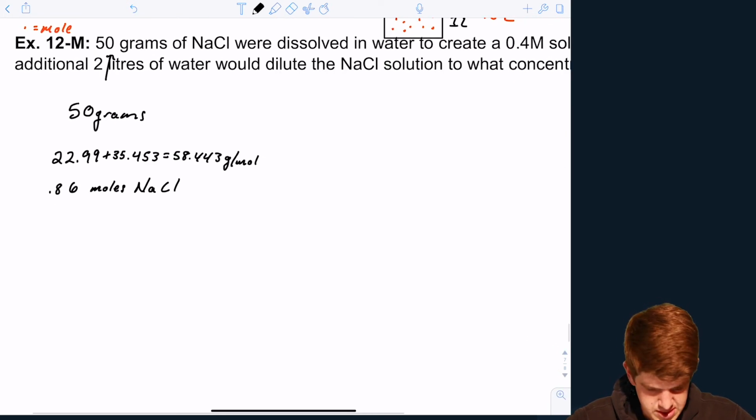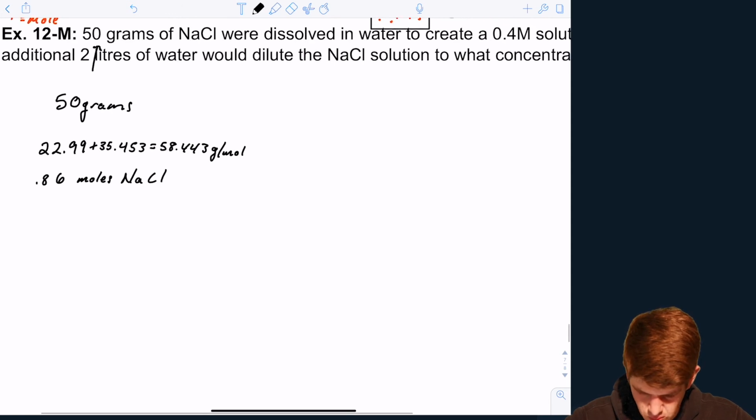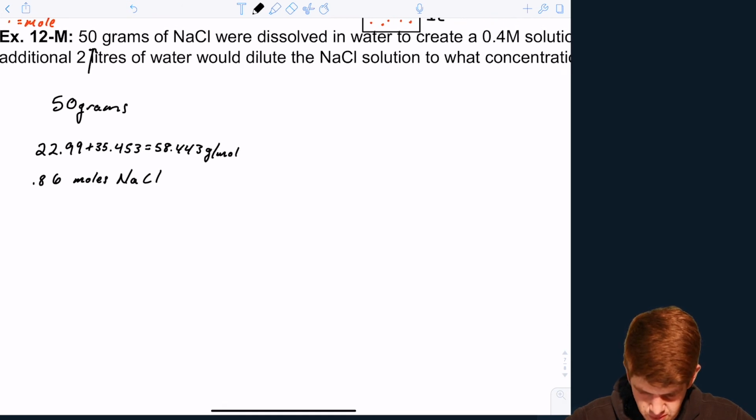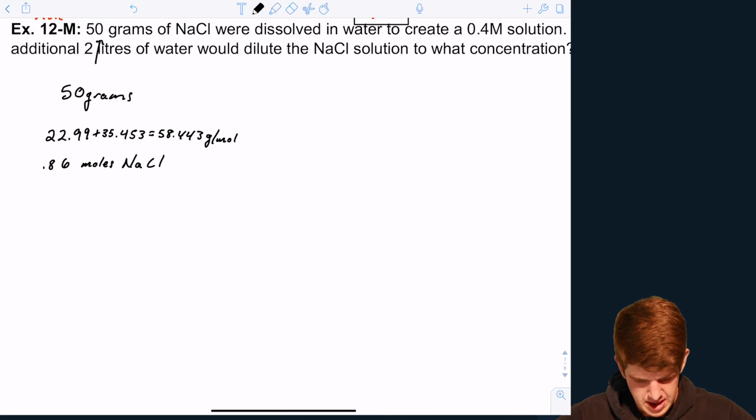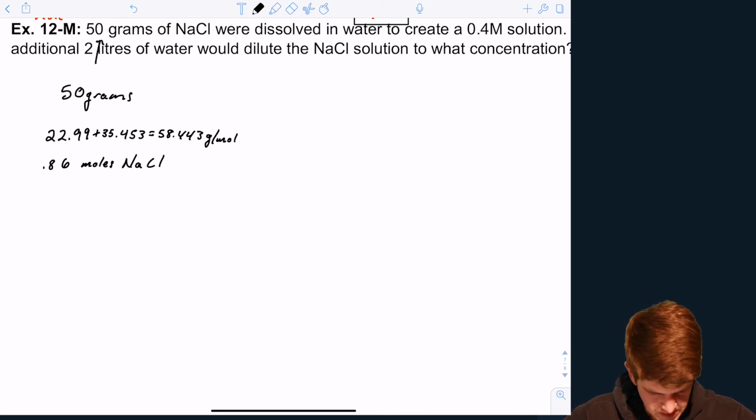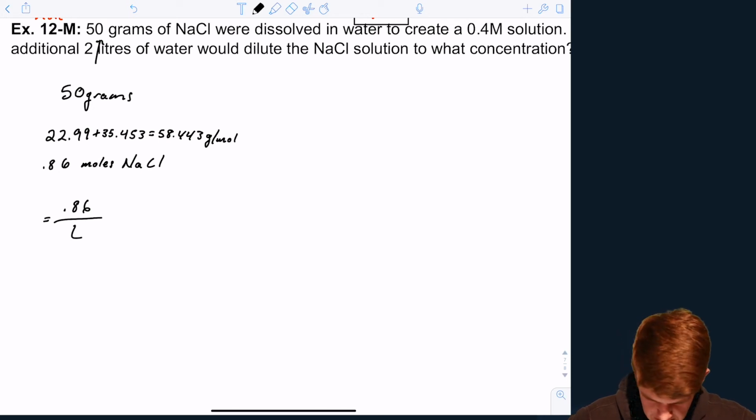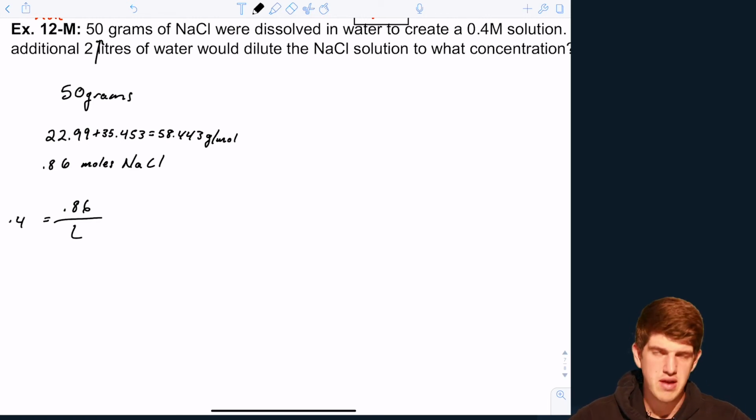Now, they were dissolved into water to create a 0.4 molar solution. That is molarity. So let's say we originally had 0.86 moles over some volume of water solvent, and that equaled 0.4. Why am I doing this calculation?